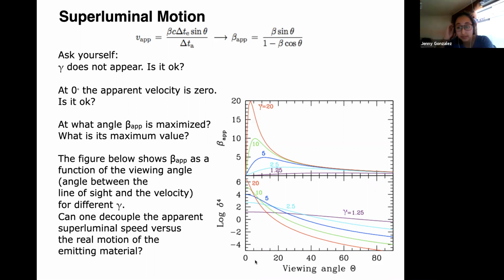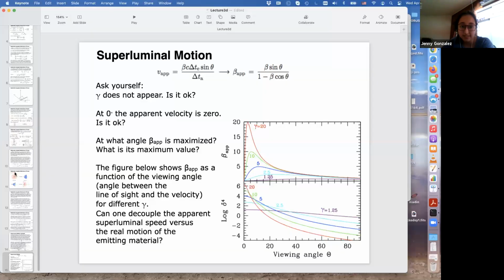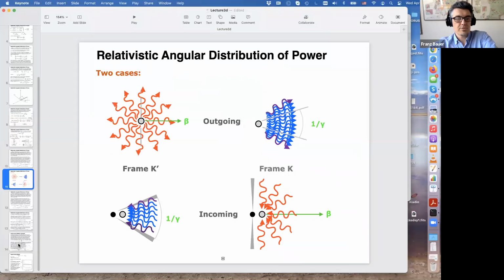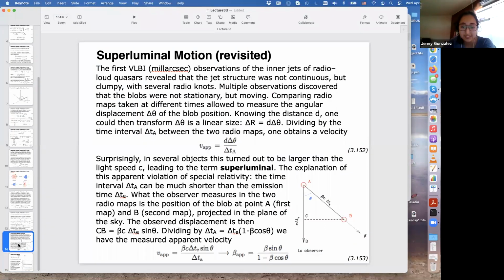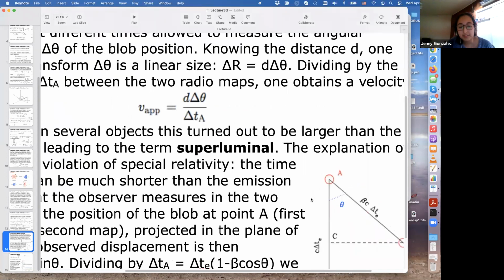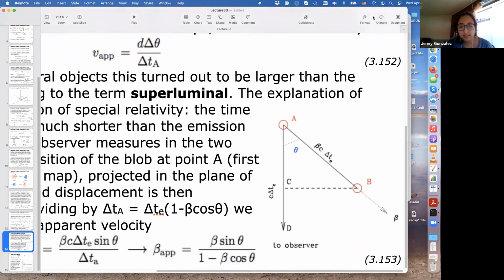I have another question. In the diagram of the previous slide. This one? Or this one? No, this one. The apparent velocity. Yes.